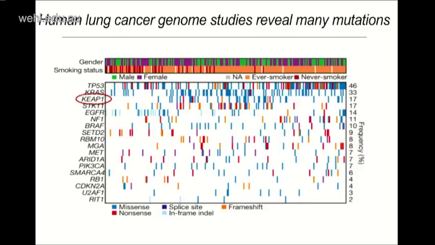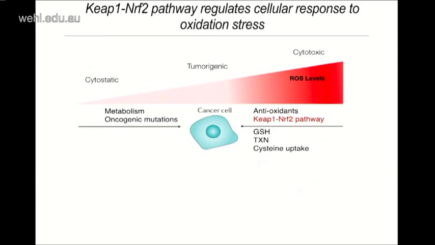KEAP1 is the third most frequently mutated gene in human lung adenocarcinoma. About 17% or so of human adenocarcinomas carry mutations in KEAP1, and these are loss of function mutations. KEAP1 is a tumor suppressor gene in this disease. You may or may not know about KEAP1.